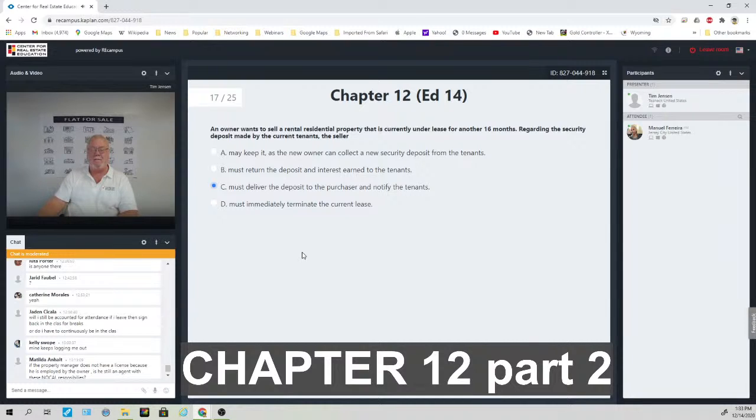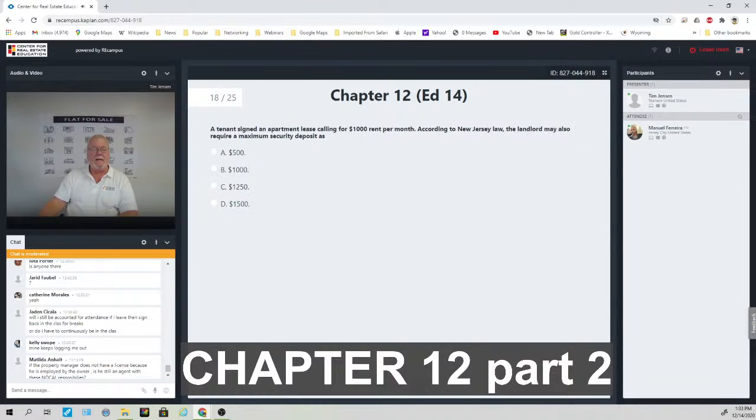Correct. C. Number 18. A tenant signed an apartment lease calling for $1,000 rent per month.